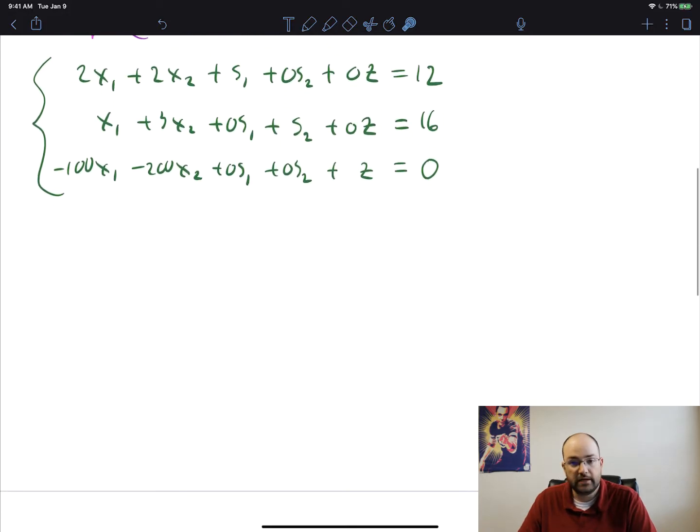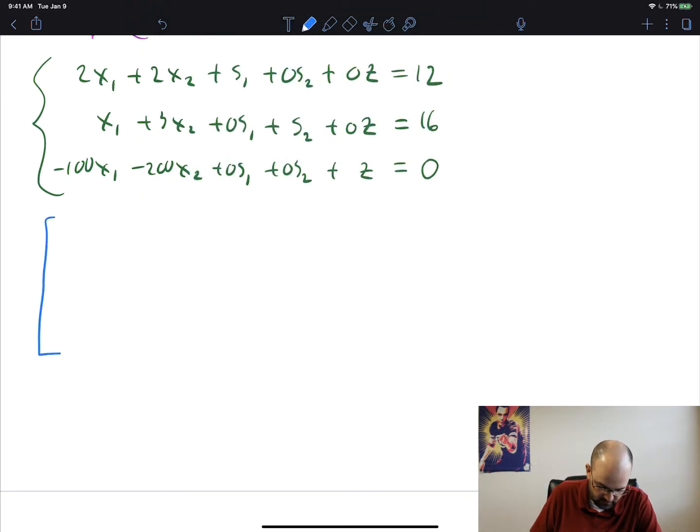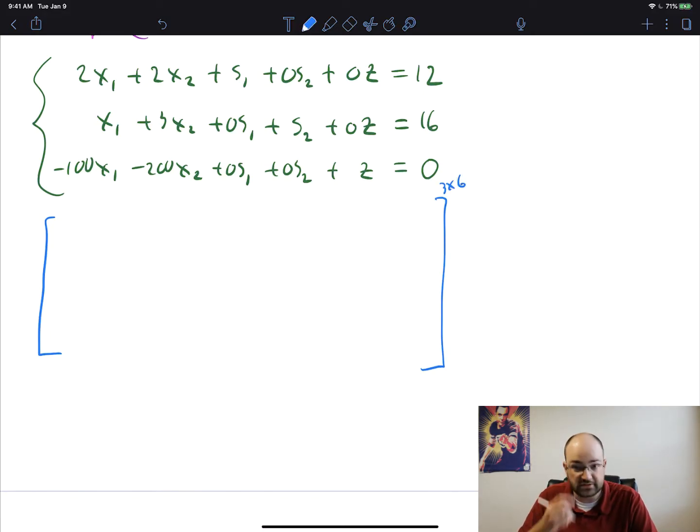Awesome. Now that I have that, I can convert this into my initial simplex tableau. Notice that there are 3 rows and 6 columns, so this will be a 3 by 6 matrix.